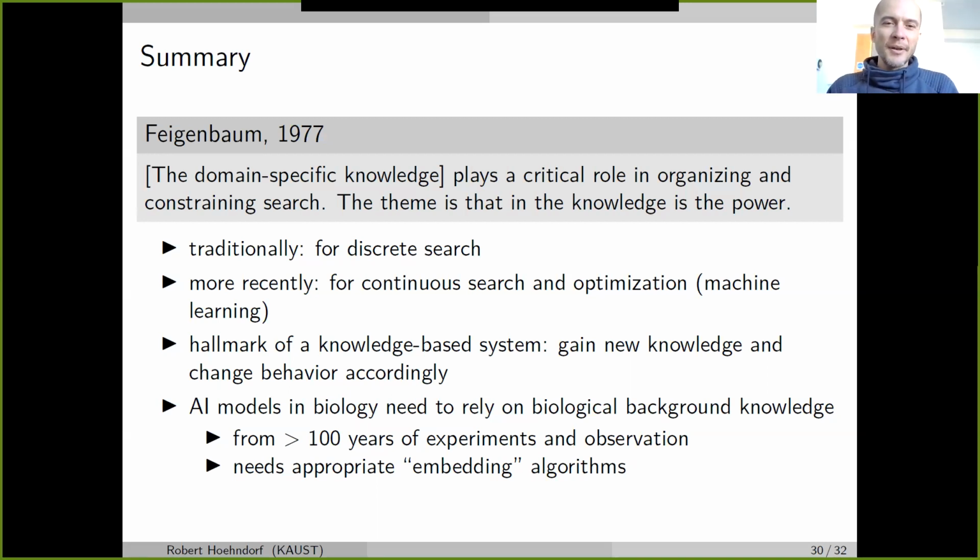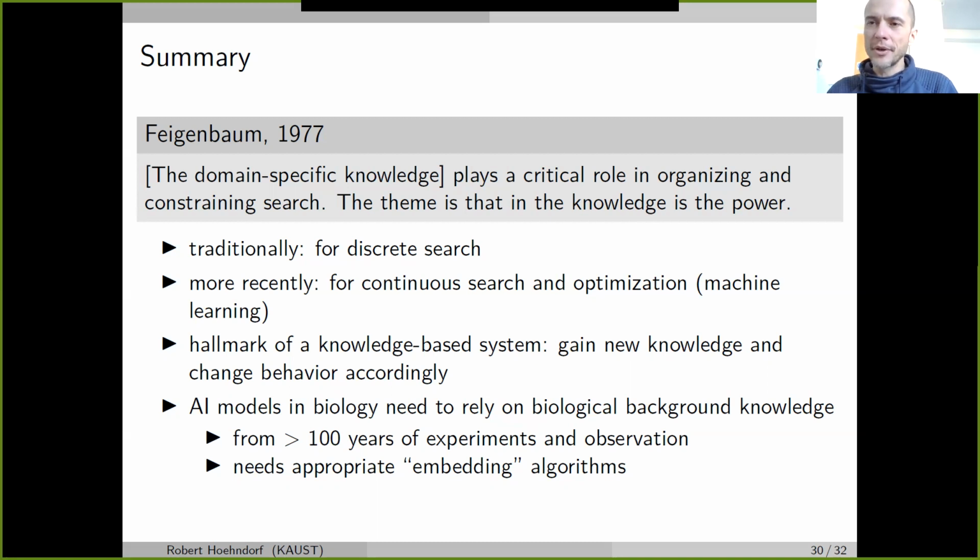But what I would argue is that domain-specific knowledge now is almost as crucial, or even more crucial, than it was 50 years ago when Feigenbaum wrote this statement, only that the type of search that we are interested in has changed.